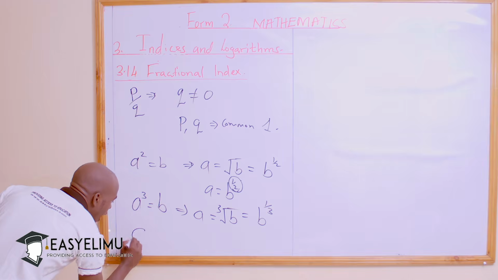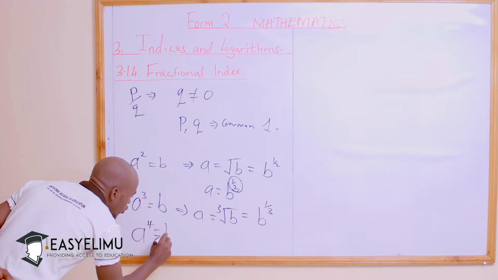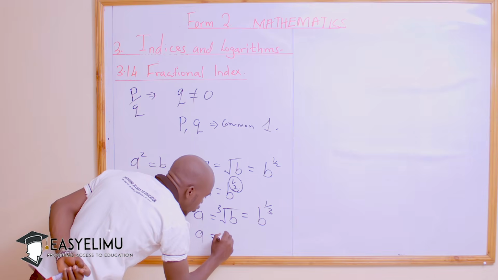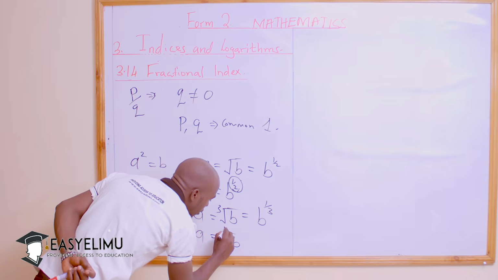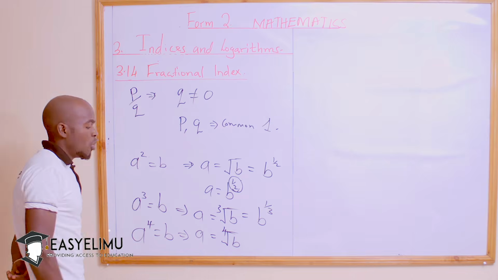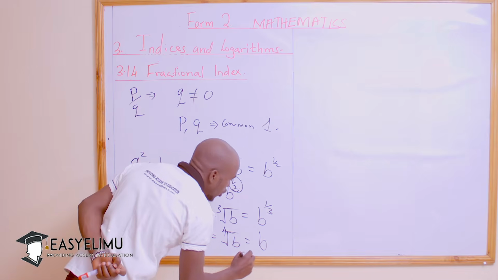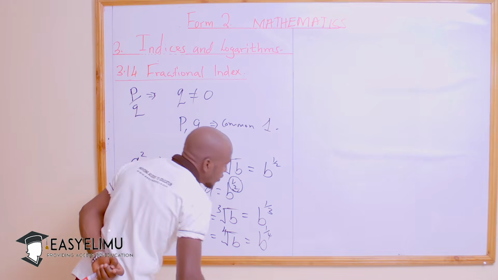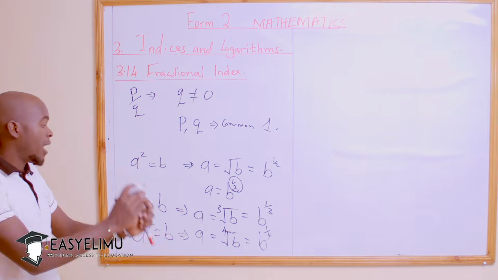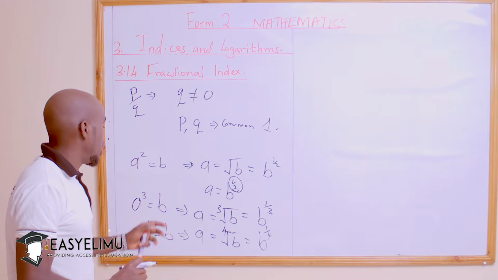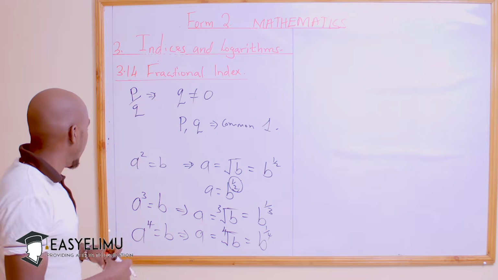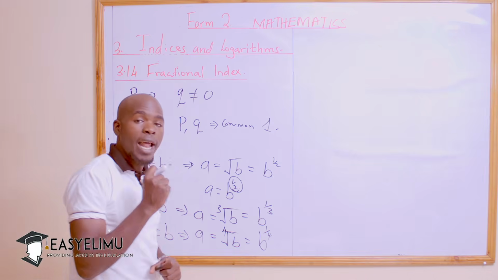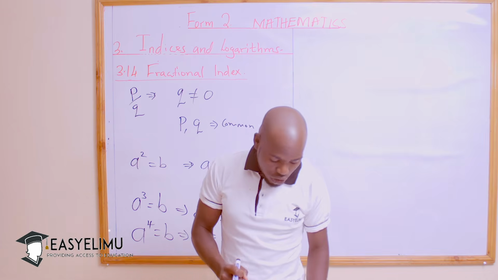And if you have a raised to 4 equal to b, then it implies that a is equal to the fourth root of b. And this in fractional index can be rewritten as b raised to a quarter. So if you find a number being written in that form, know that we are finding the fractional index of the given number in order to find a given integer or number.